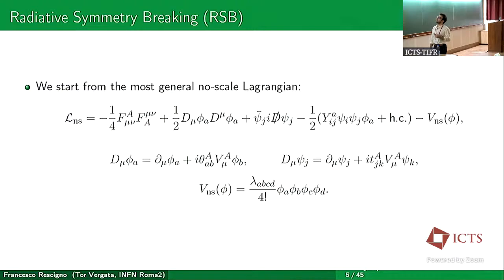We are interested in radiative symmetry breaking models. So we start from the most general no-scale Lagrangian. We include the gauge interactions, a certain number of scalars, Weyl fermions, and Yukawa interactions, of course, and the scalar potential, which in a no-scale theory has this form here.